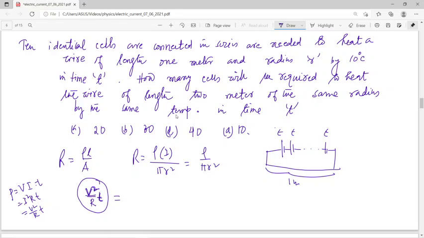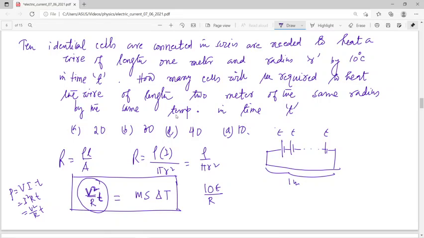So that should be equal to M into S into temperature difference. And in the first case, V is nothing but 10E. Sir, what is MST? Sir, what is this conversion? Here power dissipation is equal to heat dissipation.